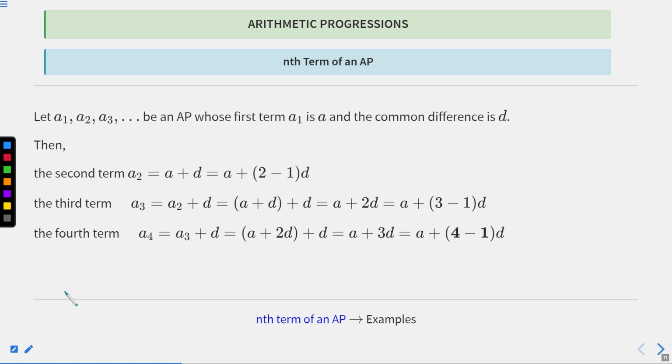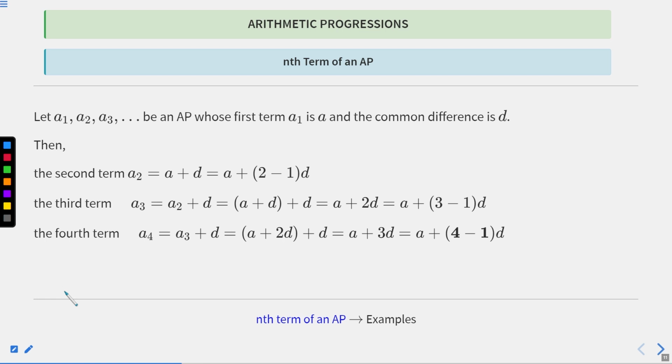The third term a3 is equal to the second term plus the common difference d, that is a2 plus d. Since a2 is a plus d, we can write it as a plus d plus d, which is a plus 2d, and this can be written as a plus 3 minus 1 times d. So the third term of this AP is a plus 3 minus 1 times d.